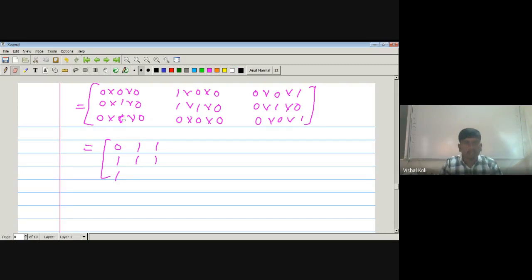Sorry, here it is a 0. 0 join 0 is 0, and join 0 again 0. 0 join 0 is 0, 0 join 0 again 0. 0 join 0 is 0, 0 join 1. So here we get A into B as this matrix.